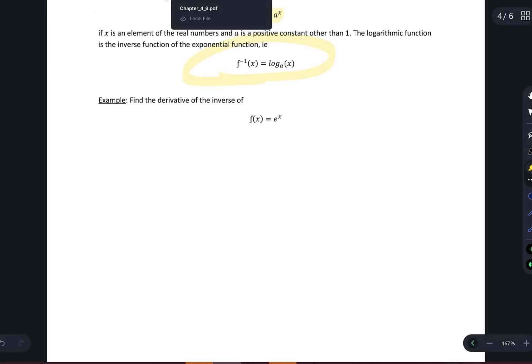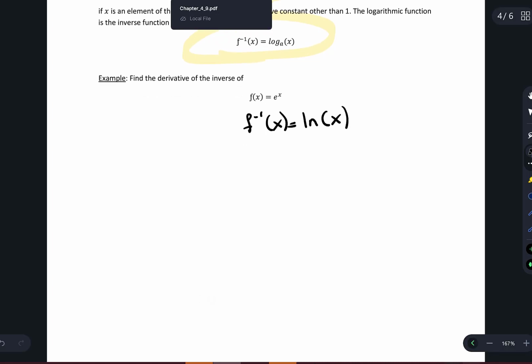So let's start out by finding the derivative of the inverse of f of x equals e to the x. We'll notice here that the inverse function is just going to be the natural log of x. And that's by definition of when we have base e and then natural log.